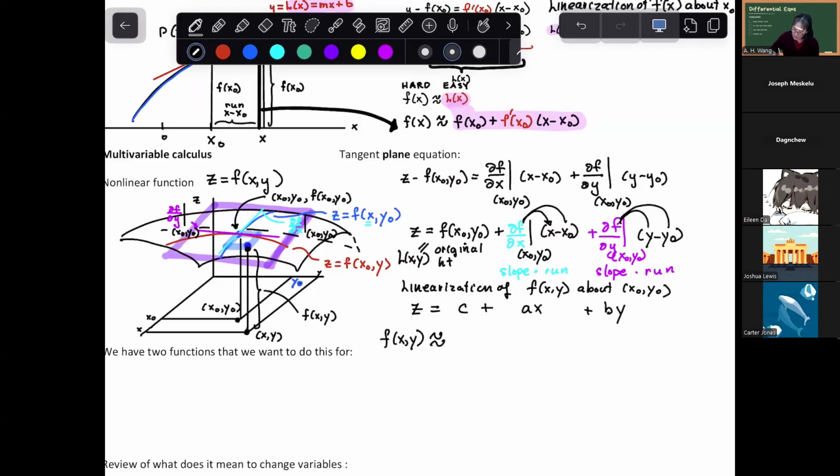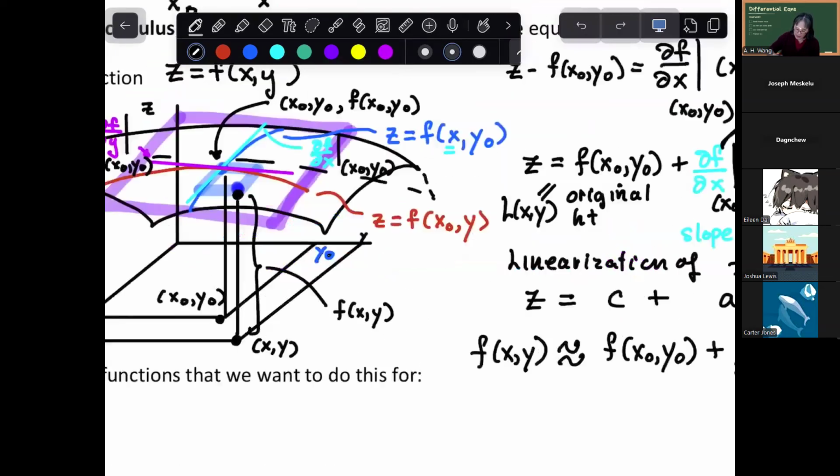And the easy is the L of xy, which is the original height, slide up in the x direction, slope times the run, that gives you the rise, and then slide parallel to the y direction, slope times the run. That's what this is, okay? And this is the original height.